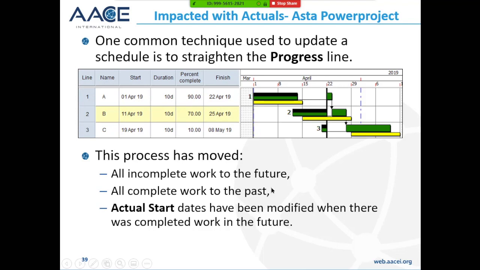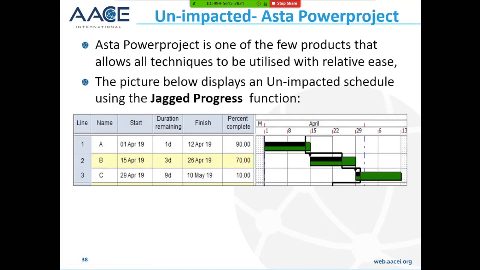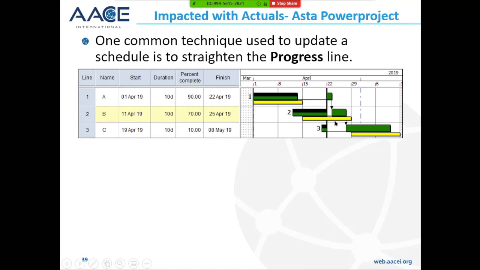So if you have complete work in the future and you straighten the progress line, it will move it back into the past. So if you go back up here, you can see that this has got complete work in the future when we enter the percent complete, and therefore when we straighten the progress line, it split the activity and put it in the past.